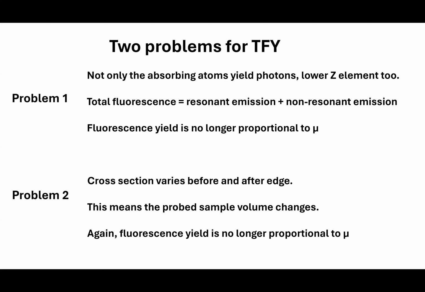Because your sample volume changes, you're breaking another assumption, that you're always looking at the same sample. So the count of the outgoing photons will also vary, but not because of the absorption coefficient, but because you are looking at different sample volumes. We're good on this?